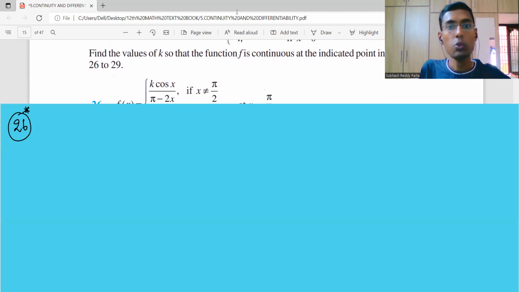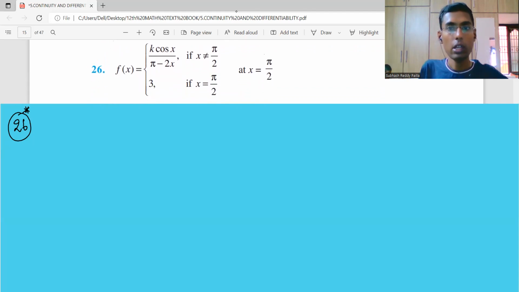Find value of k so that the function f is continuous at the indicated point, in each of the questions from 26 to 29. So what is the indicated point? At x equal to pi by 2.